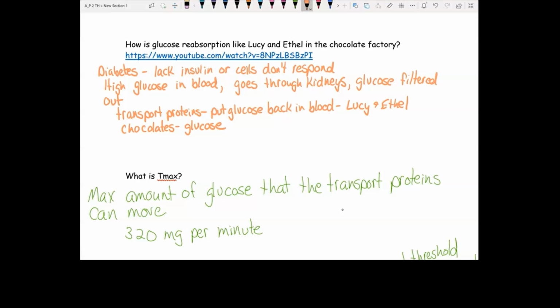Okay, and the conveyor belt is the tubular fluid flowing by. So, as long as the chocolates were going by slow, Lucy and Ethel could handle it. As long as your blood glucose is low, your transport proteins can get all of the glucose put back.